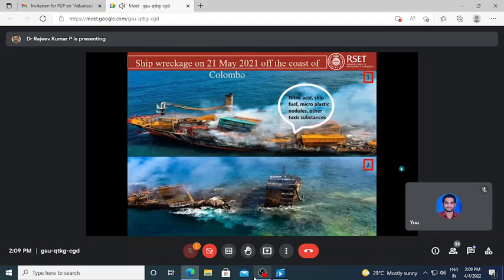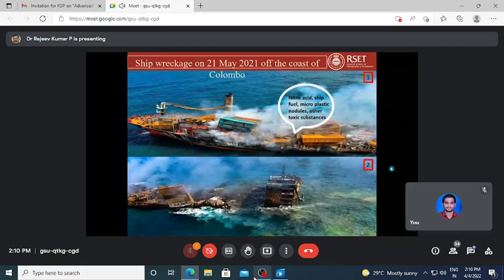Nearly 1 year ago, a ship wreckage happened off the coast of Colombo in the southern part of the Indian subcontinent. The ship was moving with nitric acid, microplastic nodules, and other substances, and due to a fire on the ship deck, it was totally destroyed.